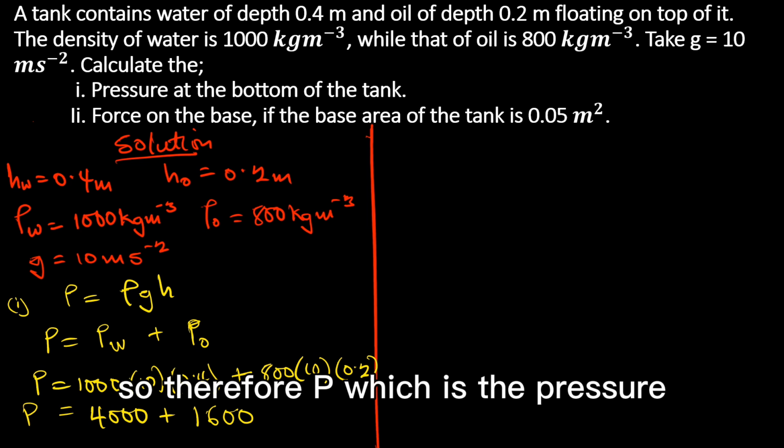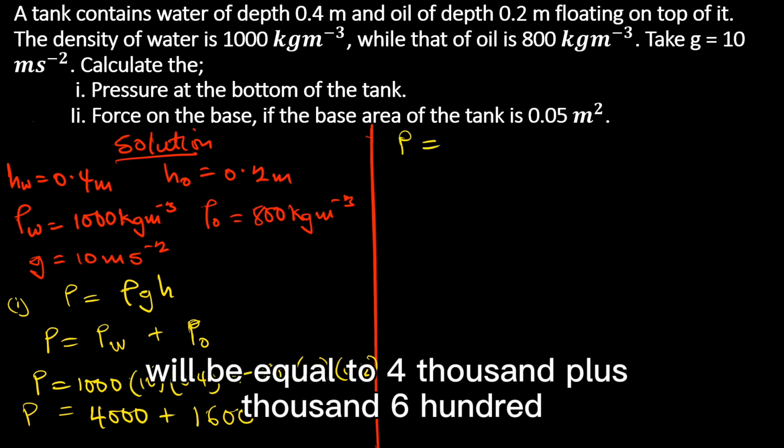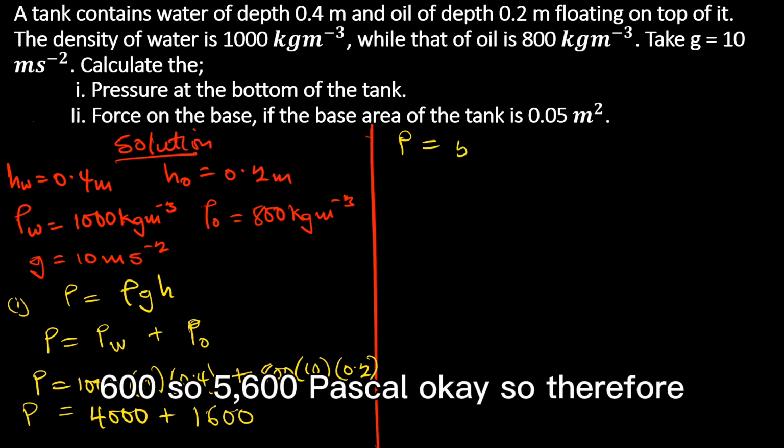So therefore P, which is the pressure, will be equal to 4000 plus 1600, which will be 5600. So 5600 Pascal.